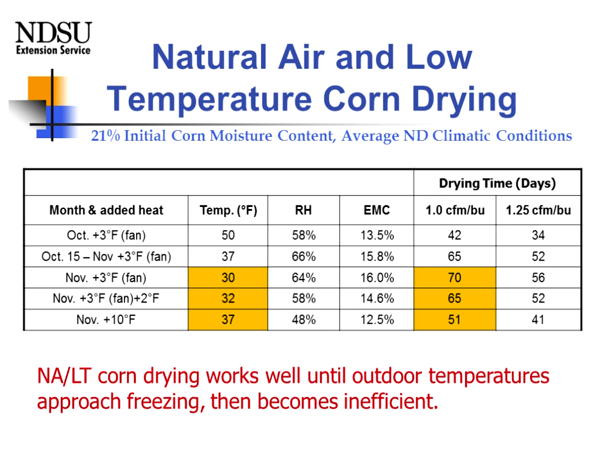As we look at corn in North Dakota, we're looking at an October harvest. October average conditions, with the 3 degrees of heat off the fan, and we're drying to about 13.5% moisture in about 42 days. As we go later into the month and the temperatures start cooling off, if we don't start until the 15th of October, we've seen a huge drop in temperature and an increase in relative humidity.